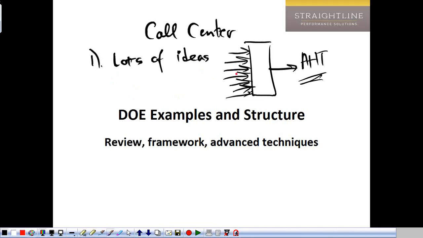Well, the paradigm in here gives a DOE structure to tackle that. The idea is that first you would do what's called a screen.